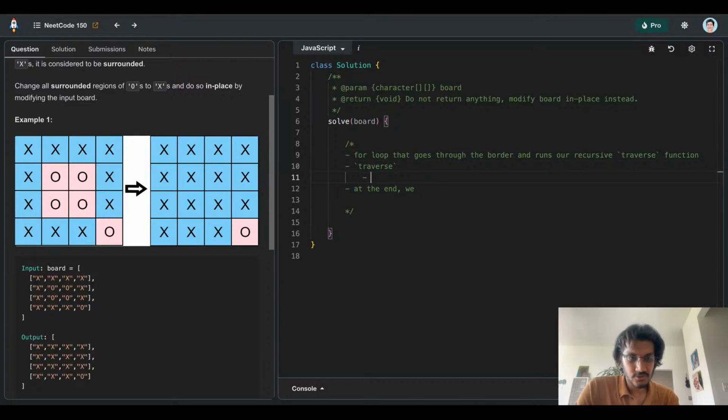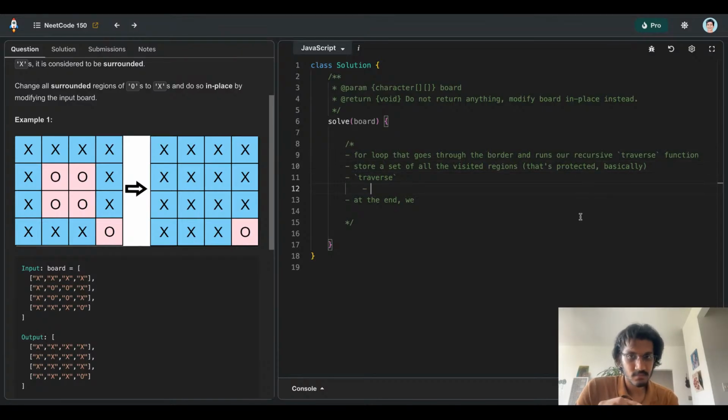In our traverse function, we'd have to store a set of all the visited regions.